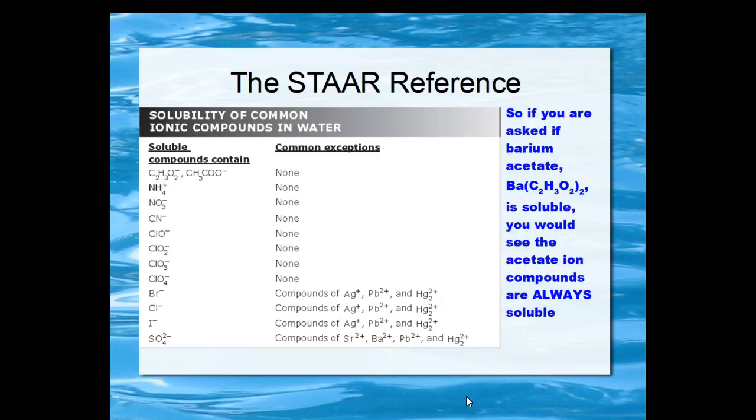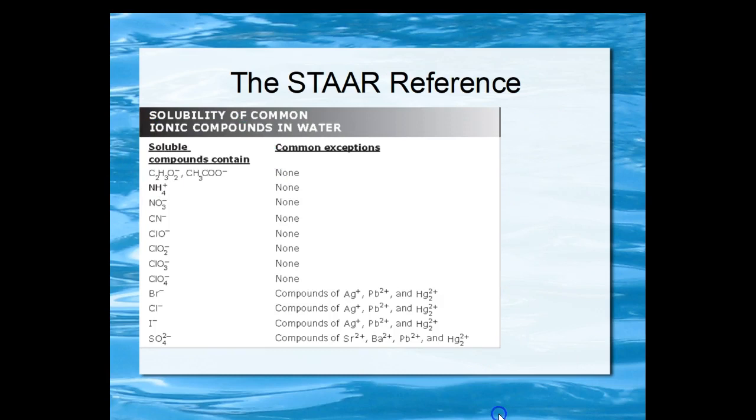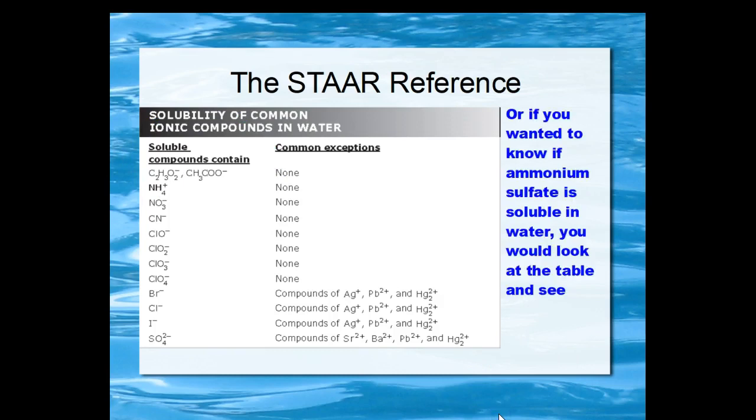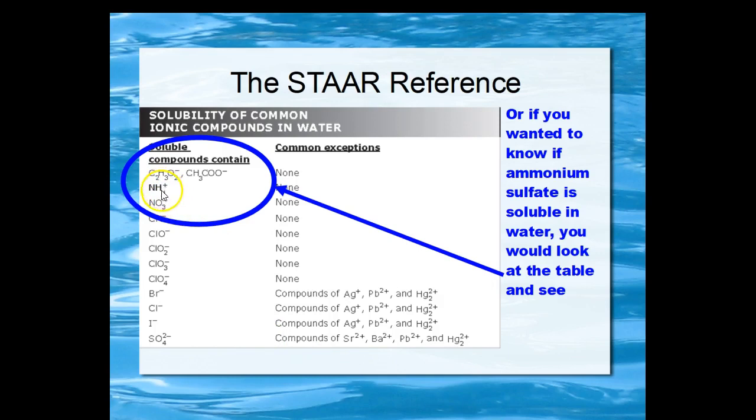So if you're asked if barium acetate is soluble, you would see that the acetate compounds, right up here, are always soluble, and you would say, yes, it is. Your answer would be yes. Or if you want to know if ammonium sulfate is soluble in water, you look at the table and see that the ammonium ion here is in the top table.